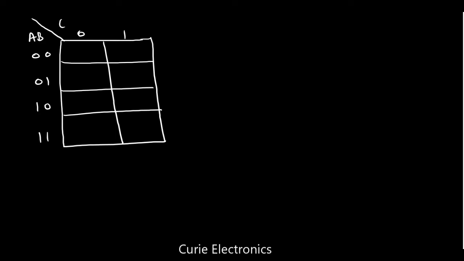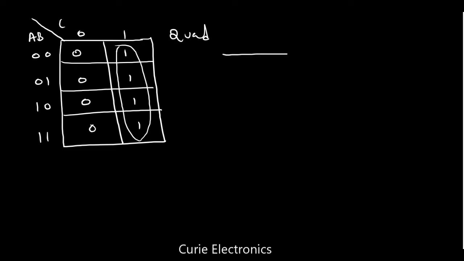If you have 1, 1, 1, 1, and these all are 0, then we can pair these 4 ones. These 4 ones. This is a quad. The other way is vertically. Similarly, in a 4 variable K-map, we can pair it horizontally also. Or in a 3 variable also, we can pair it horizontally. Or the quad could be like this also.